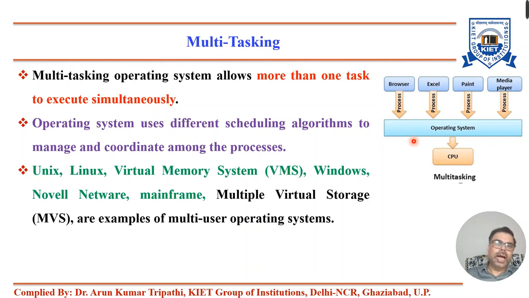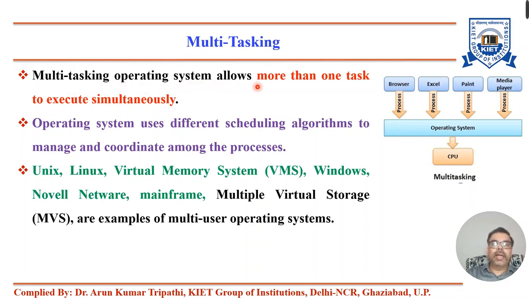For example, here I am using a browser, I am using an Excel file, I am also working on MS Paint, and I am running a movie on the media player. So these are the number of tasks that are going to be performed simultaneously by the processor or the CPU. So this comes under the category of multitasking.